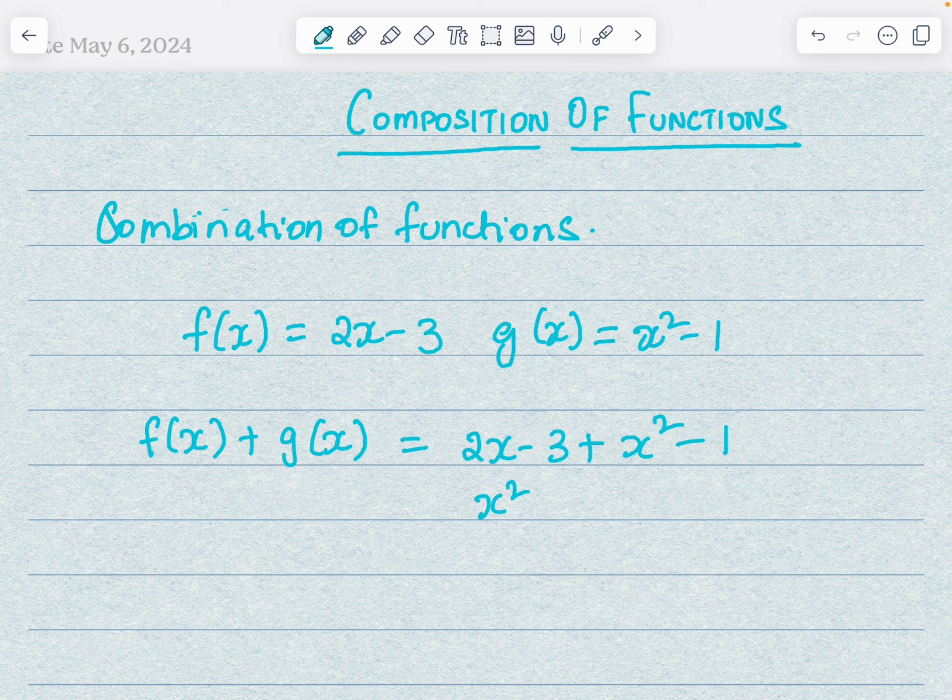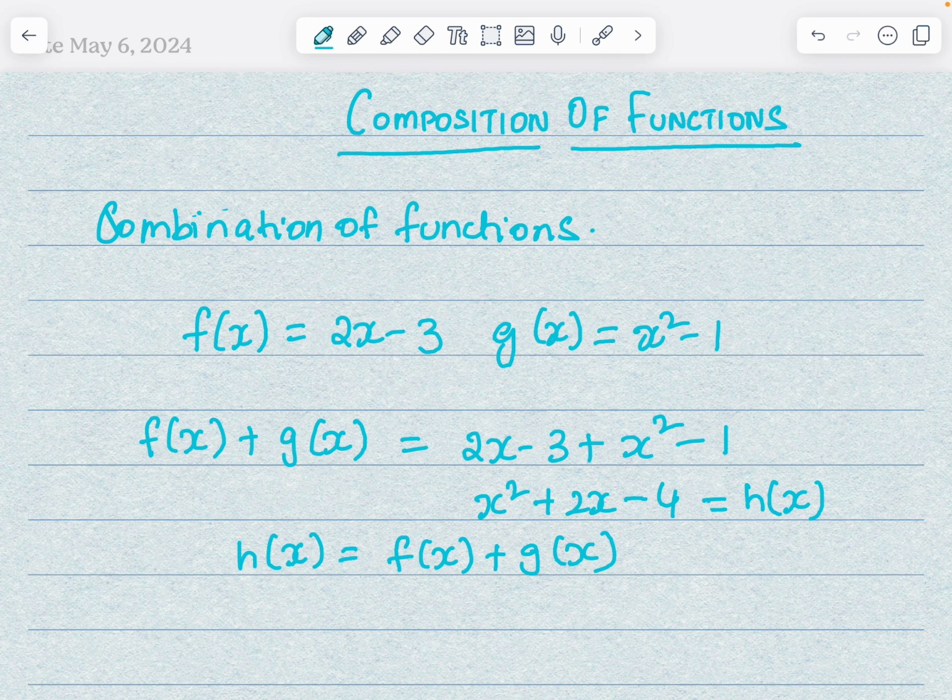Then I'm just going to simplify it, and that's going to be the addition of two functions. Sometimes it can also be represented as h of x. What it's saying is that when you combine two functions f of x and g of x, you get the third function h of x.